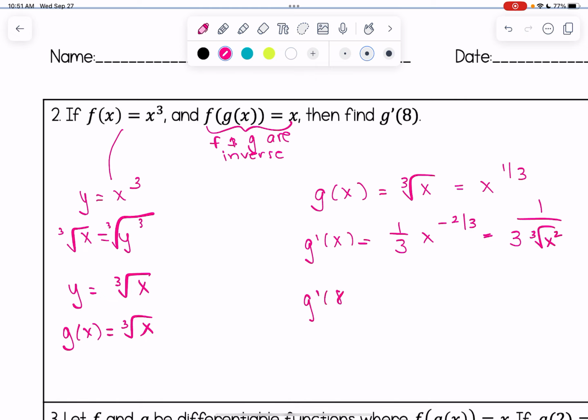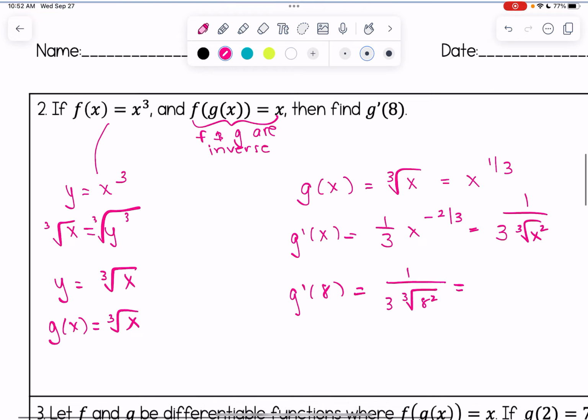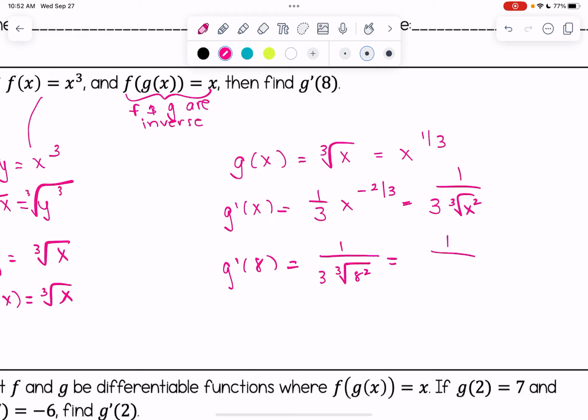And we're looking to evaluate this at 8. When I simplify this, this is 1 over 3 times the cube root of 64. That's 1 over 3 times 4, or we get 1 over 12 as our answer here.